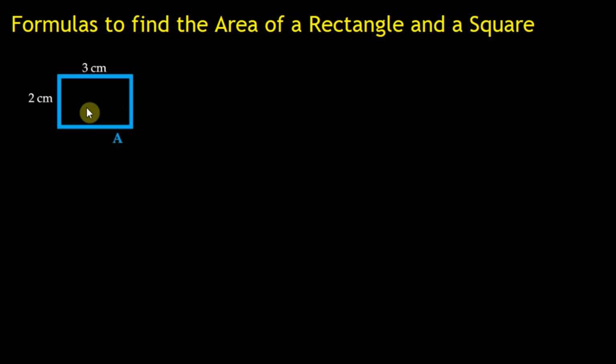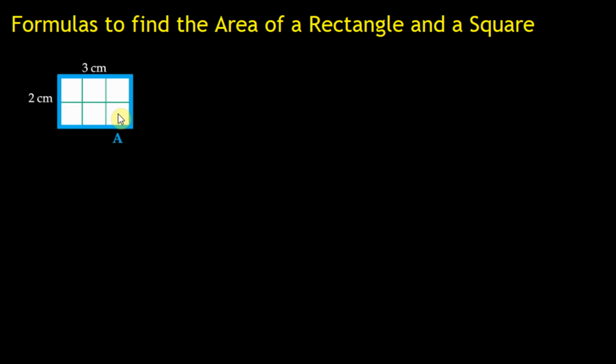So let's draw lines to divide this rectangle into small squares with all sides of 1 centimeter. Thus we got a grid with each square of 1 square centimeter. We already know how to find the area using the grid method by counting all the grid squares inside the shape.